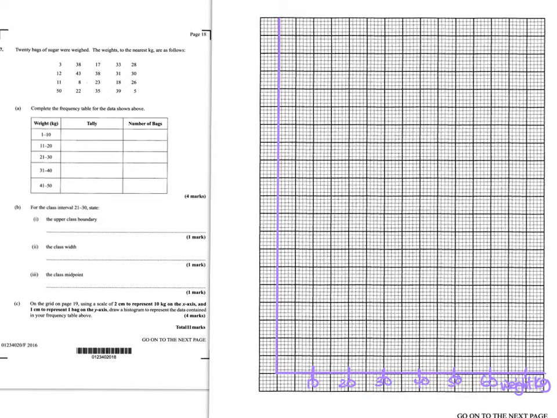And on the y-axis, we are going to put the number of bags or the frequency. So we're going to put number of bags, which is the same thing as the frequency. And the scale that they want us to use there is 1 centimeter to 1 bag. So every centimeter would represent 1 bag.